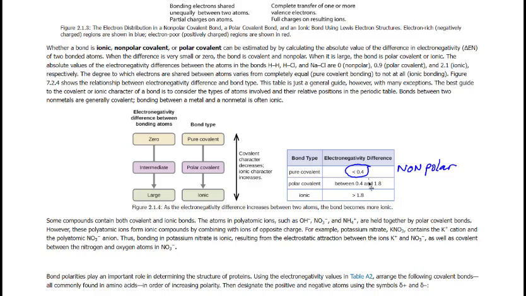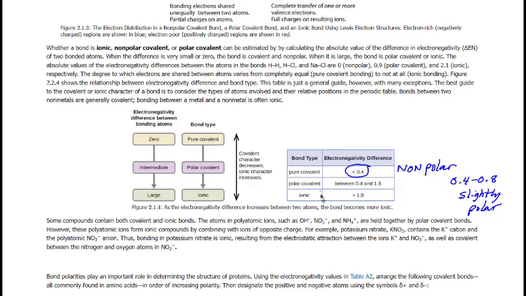If it's 0.4 to 0.8, we would consider this to be slightly polar. And if it's more than 0.8, it would be very polar. And then if it's greater than 1.8, those become ionic and therefore not covalent.